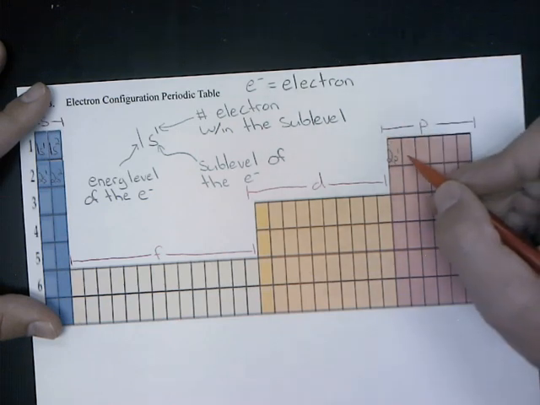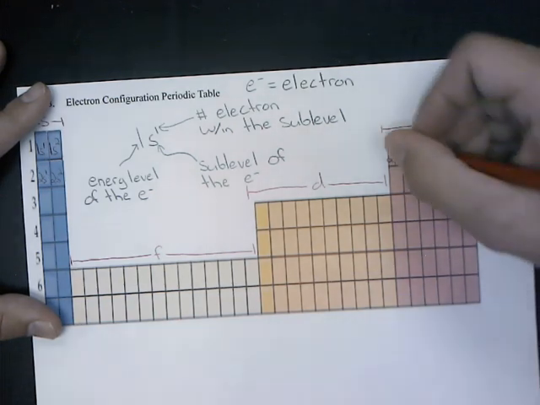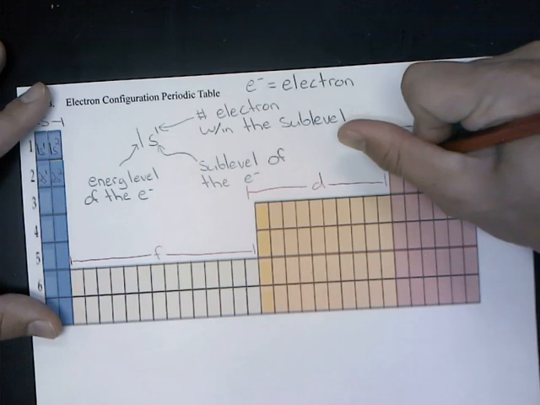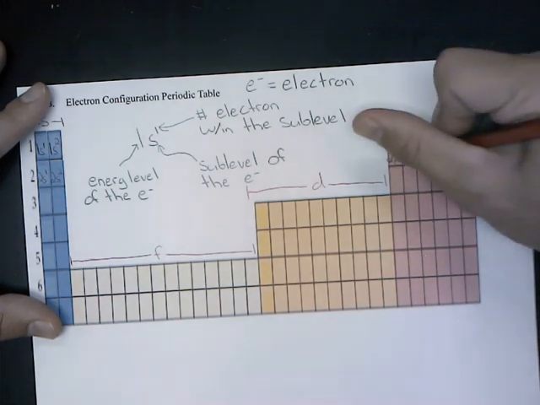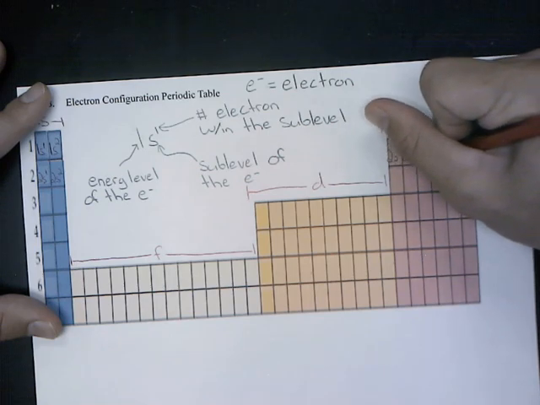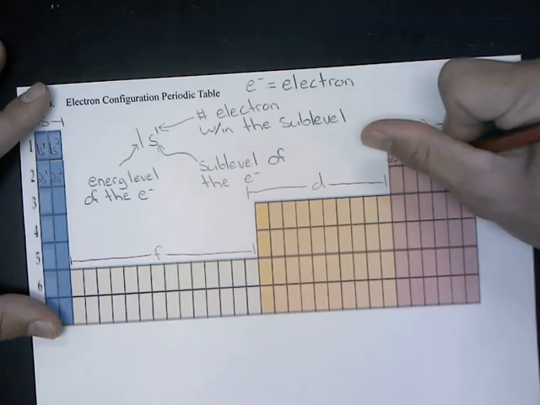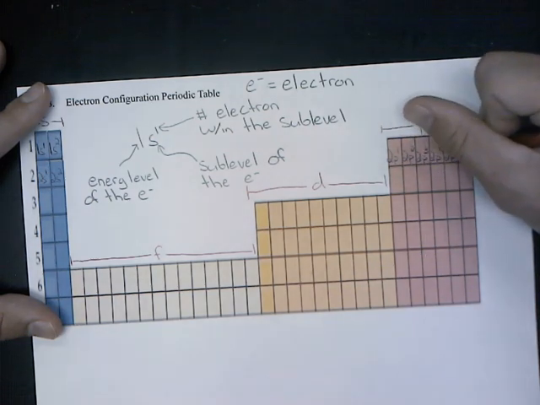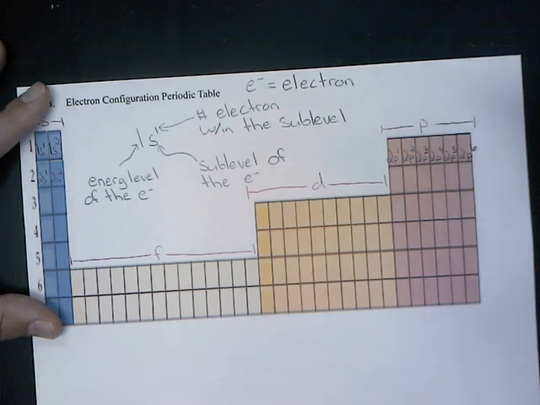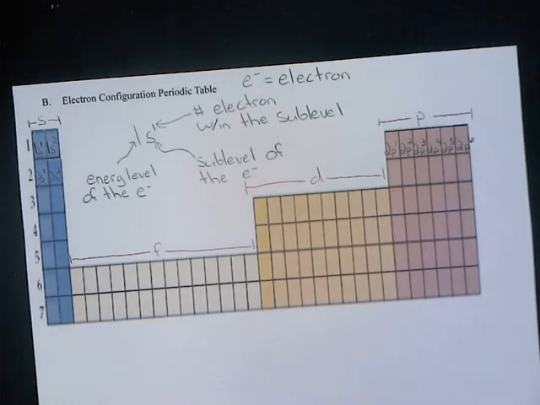The second box here, which is carbon, is still in the second energy level. It's still in the P sublevel, so we have 2p2. Then the next box over is 2p3. The following box is 2p4, 2p5, and 2p6.